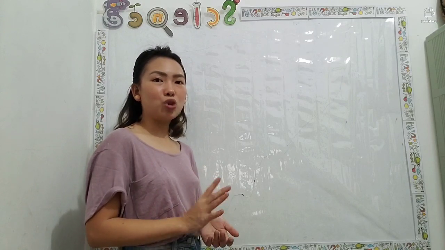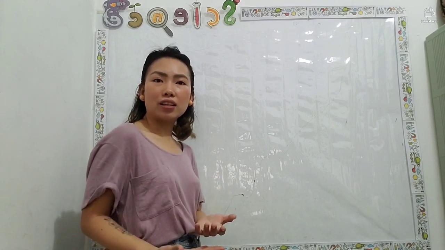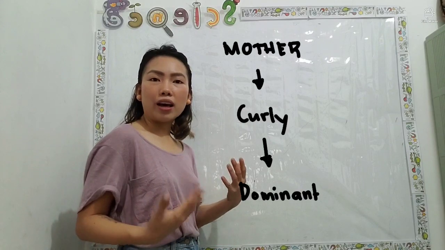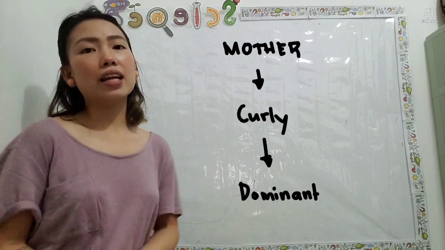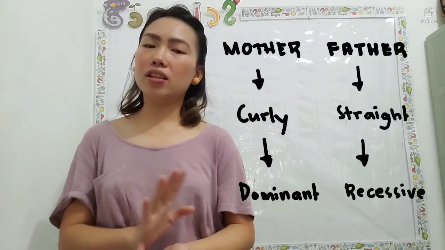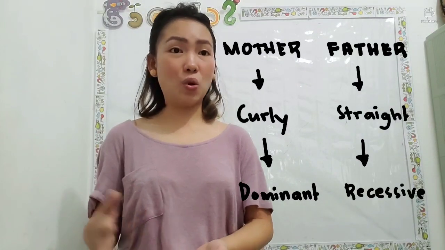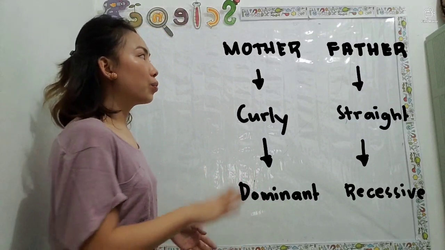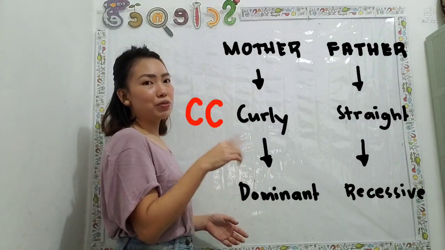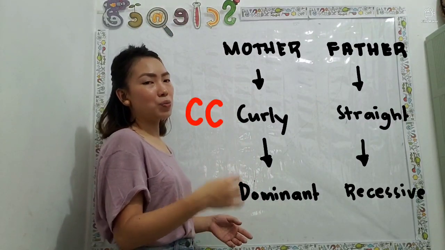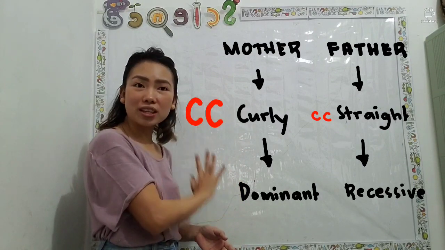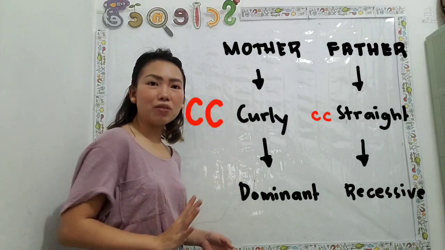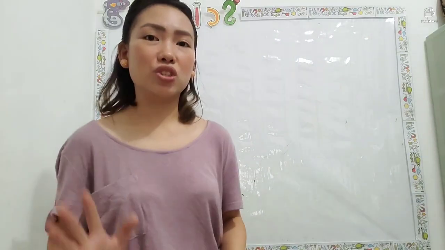So, meaning to say, dominant na characteristic ang tinataglay ng hair texture ni nanay kasi siya yung curly, and si tatay will be having the recessive trait. So, again, we make use of capital letter C for the curly hair and a small letter C for the straight hair. So, those are the parental generation, and we will identify the first filial generation.